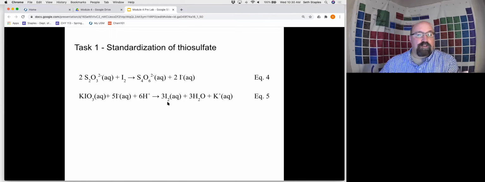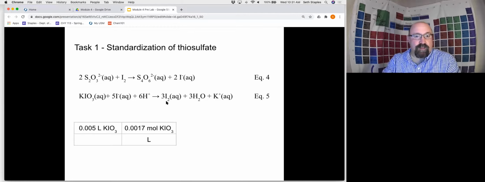And so then that I2 will be used in this reaction here. In reaction 5, the I- and the H+, our acid, those are in excess. And so our KIO3 is absolutely our limiting reagent here. And so we can use that amount of the KIO3 to tell us exactly how much I2 is going to be produced. So let's take a look at those calculations.